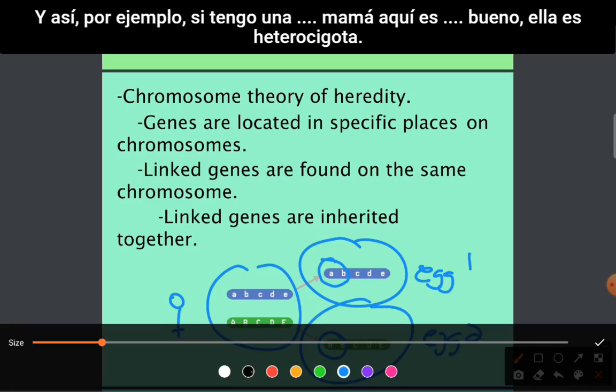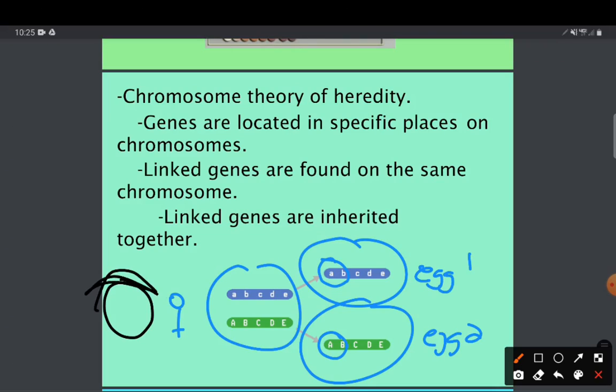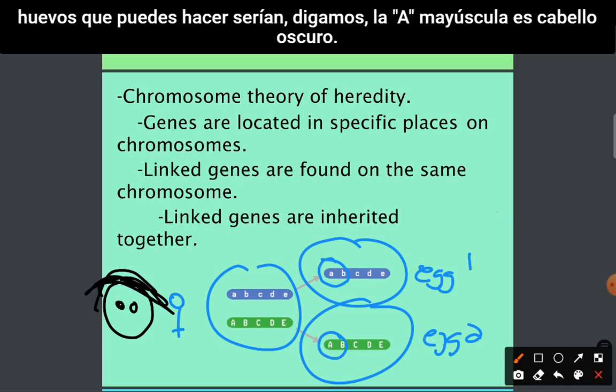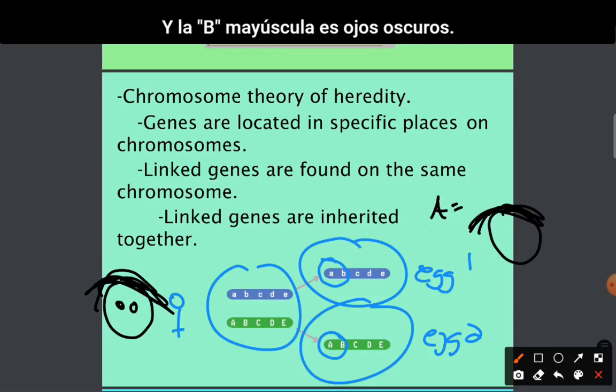And so, for example, if the mom here is, well, she's heterozygous. So if she's got dark hair and dark colored eyes, the two different eggs she can make would be, let's say capital A is dark hair, and capital B is dark eyes.